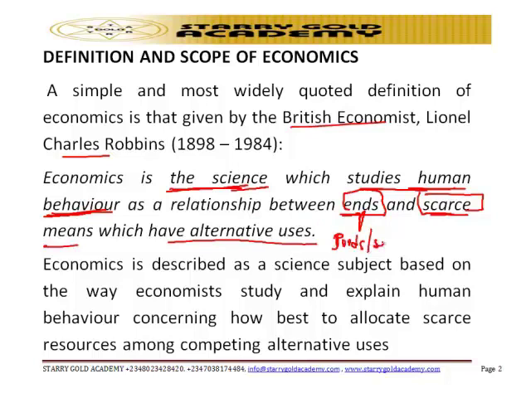The means refers to productive resources, otherwise called the factors of production, which include land, labor, capital, and entrepreneur.